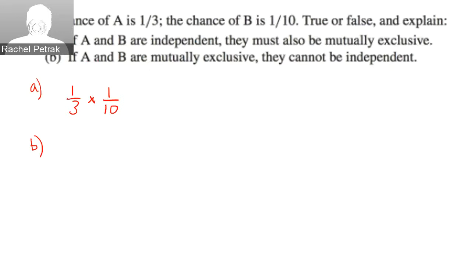For scenario B, if A and B are mutually exclusive, they cannot be independent. This is also false. The same reason here. The probability of A and B is still 1/3 the probability of A times the probability of B.